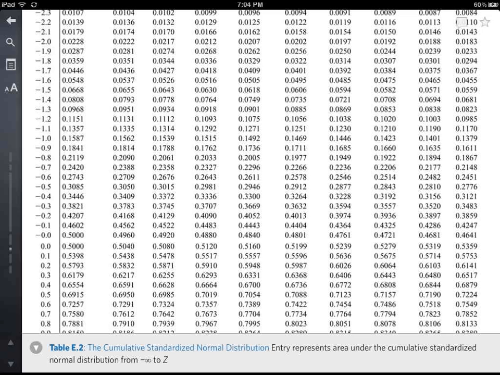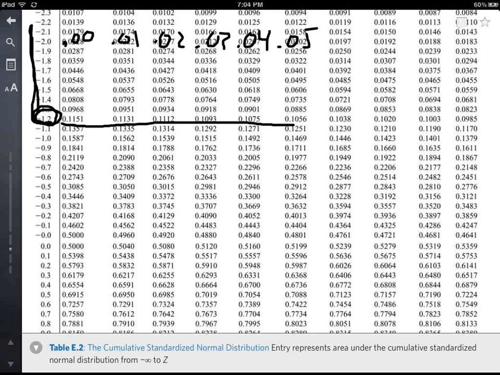So this time we're at negative 1.2, so we're going to come down our table until we get to negative 1.2. And again, let me label these really quick. So I'm going to come down until I get to minus 1.2, come across until I get to 0.05, and I end up with a z of minus 1.25 equals a probability of 0.1056.